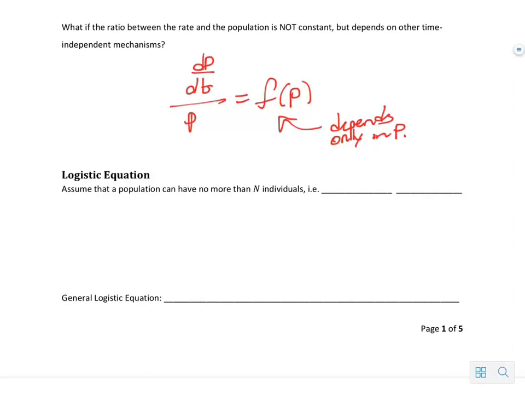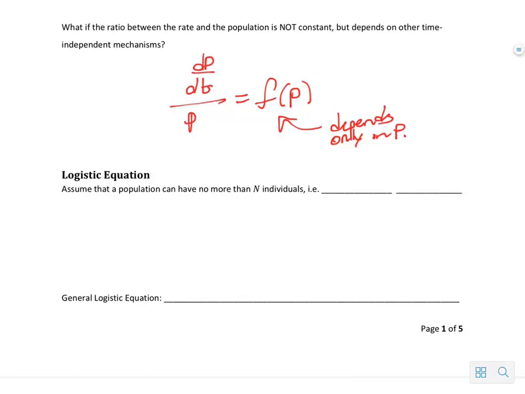And what do I mean by time-independent mechanisms? Well, the first one we're going to look at is, what if, in addition to the fact that the population grows at a rate proportional to how big it is, there's some limit to how big your population can get? Obviously, that's going to be the case in almost every real circumstance, whether you're talking about bacteria on a petri dish or humans on the face of the globe.